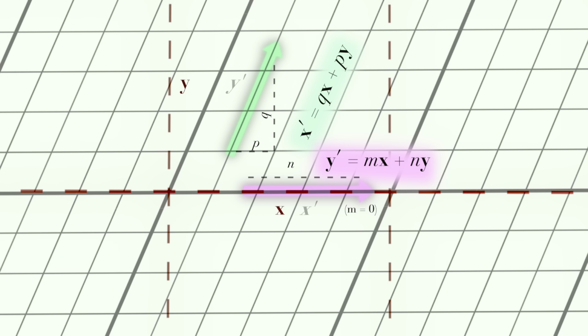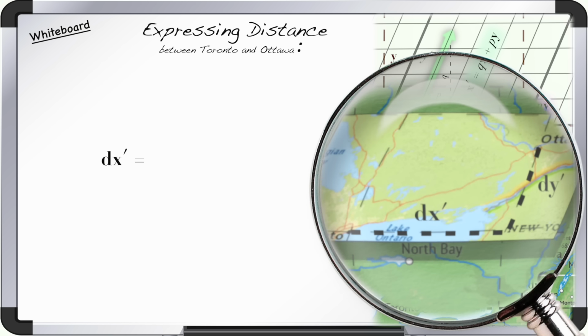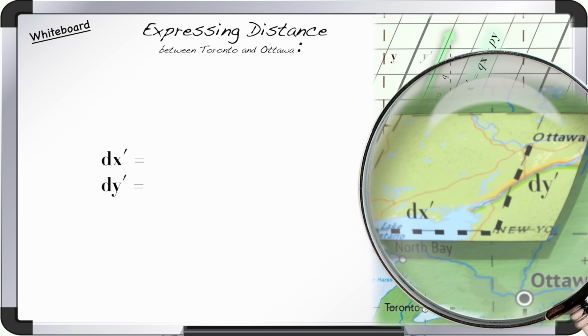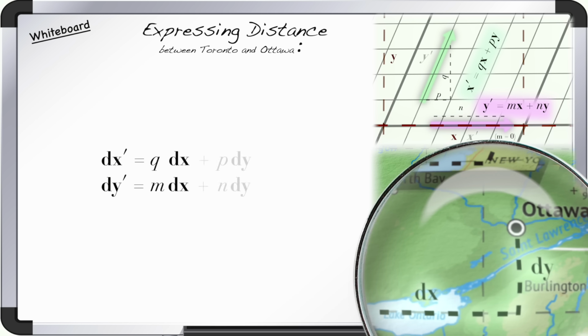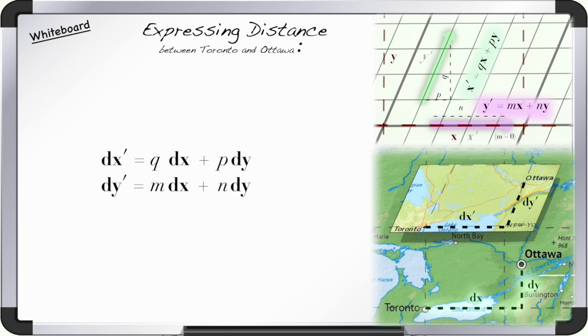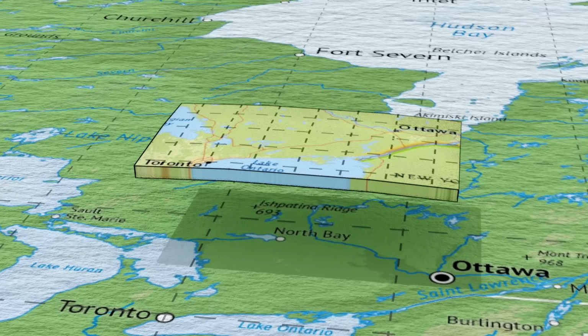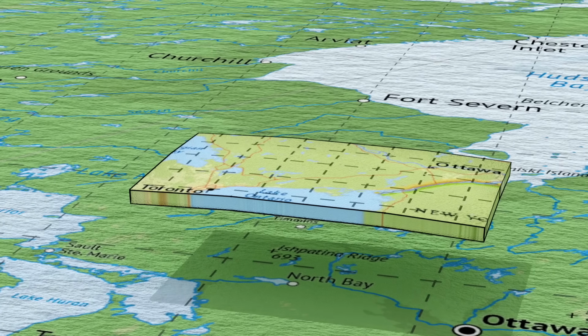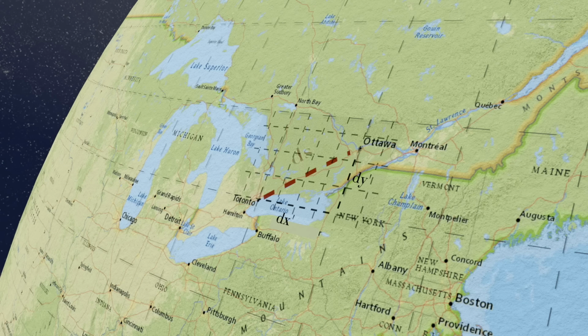Algebraically, this translates into an ability to express the surface coordinate intervals, which we'll label dx prime and dy prime, as a linear combination of the map coordinate intervals dx and dy. Now, the local surface coordinates on our small, nearly flat patch of curved Earth correspond to its true geometry.